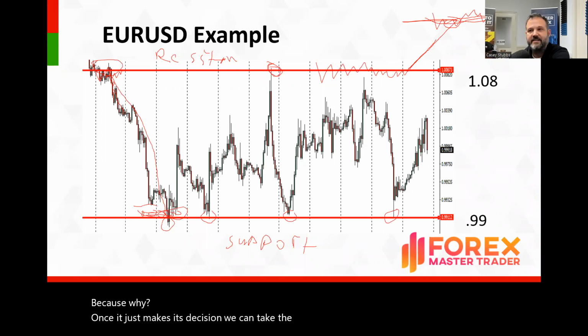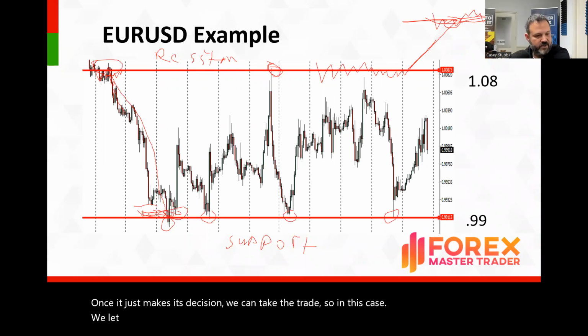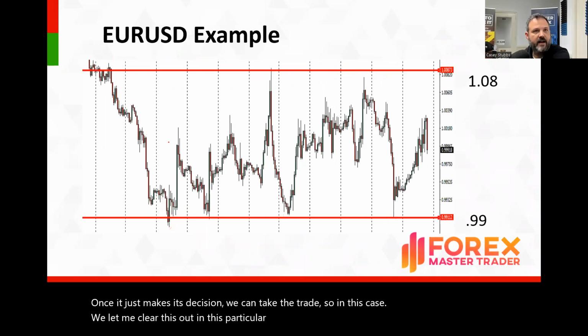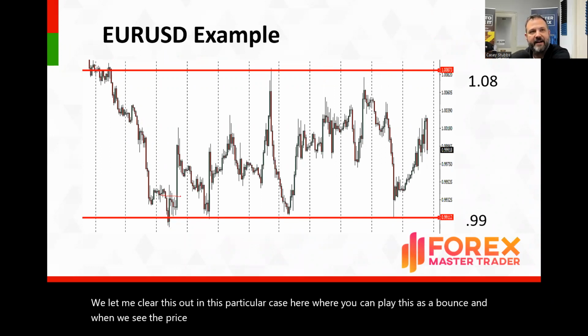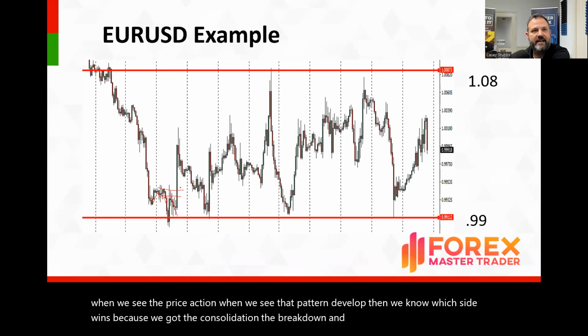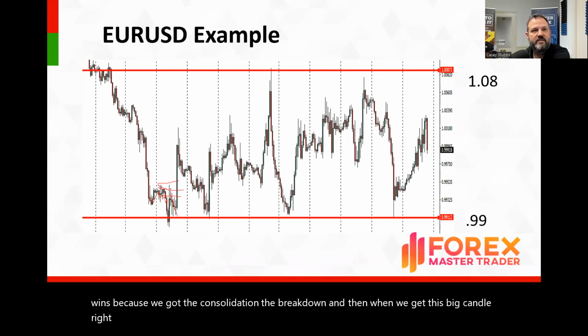So in this case, let me clear this out. In this particular case here, we can play this as a bounce. And when we see the price action, when we see that pattern develop, then we know which side wins because we got the consolidation, the breakdown, and then when we get this big candle right here, taking out all these, because each candle in itself is a level, right?